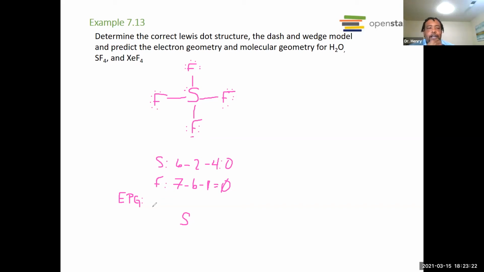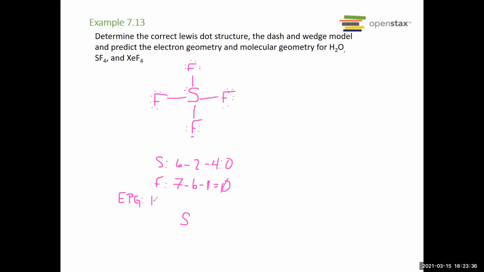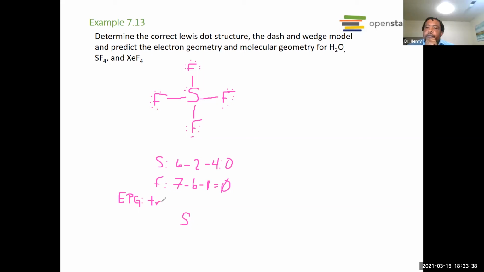Okay, so what would be a 5 attachment? The octahedral. Are you sure? For 5? Or the trigonal bipyramidal. Okay, so it's going to be trigonal bipyramidal.